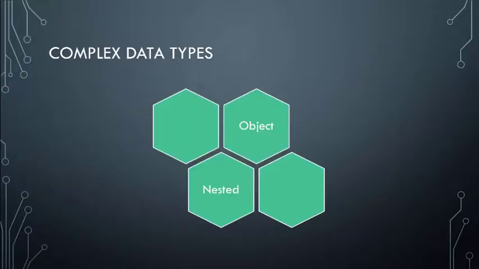Next, complex data types are JSON objects, either a single JSON object, which is the object data type, or arrays of JSON objects, which is the nested data type.